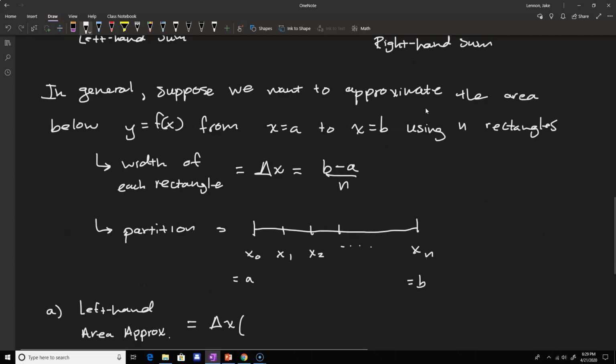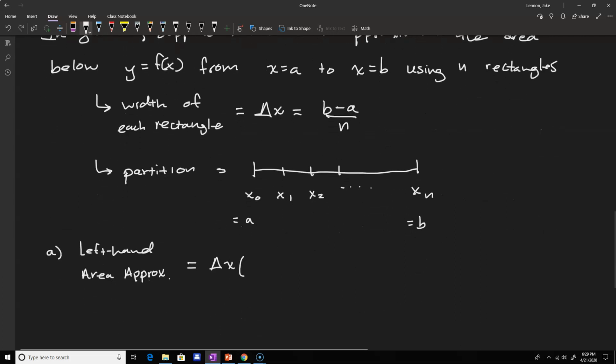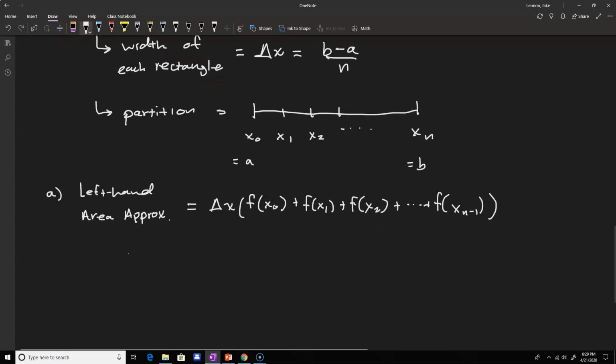So what happens is the way we get our partition is we basically plug those values into the function to get the height. So I get f of x0 plus f of x1 plus f of x2, and I keep going, but I don't use the last point. What is my last value I'm using here? The one before the last one. So I'm adding f of x subscripted by n minus 1, and that is the left-hand approximation.